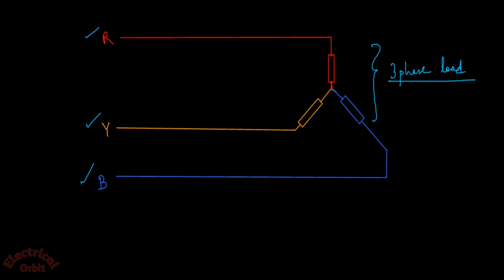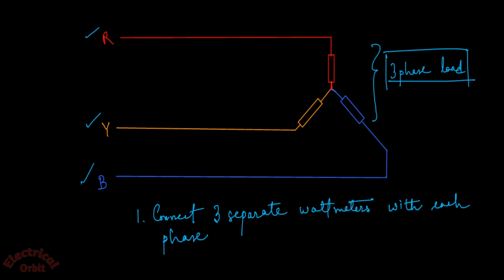There are two approaches. First is to connect three separate wattmeters, one with each phase. How could we do that? Connect a current coil with the R phase and a pressure coil in parallel with the R phase.